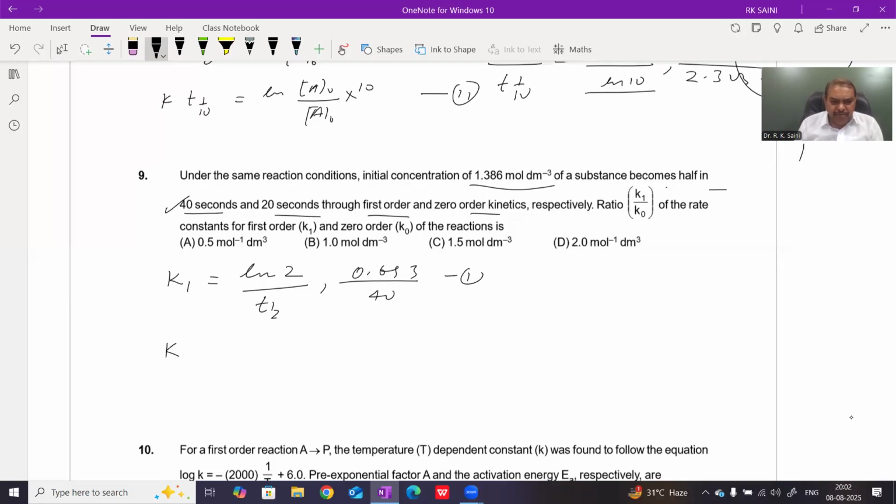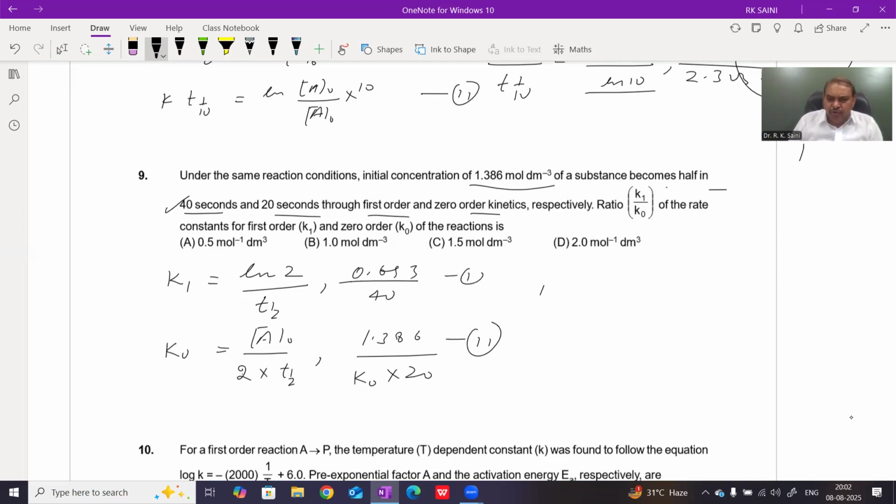For a zero order reaction, the relation of half-life with initial concentration and K naught is: half-life equals initial concentration divided by 2 K naught. Putting in the values, the initial concentration given is 1.386 mole per liter, divided by K naught into 2, with half-life given as 20 seconds, equation number 2.